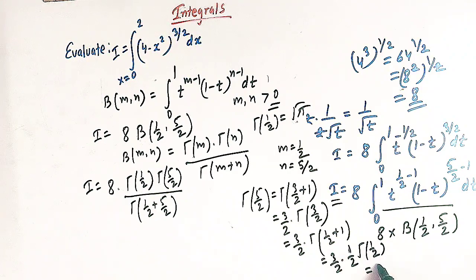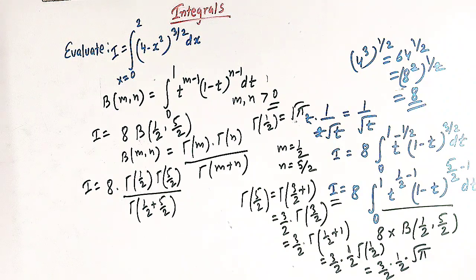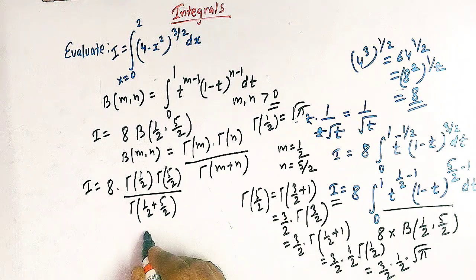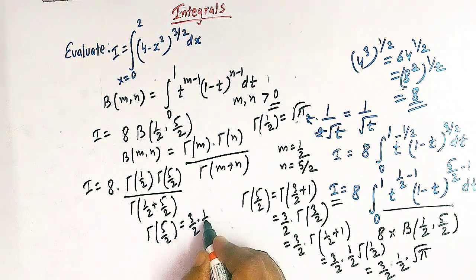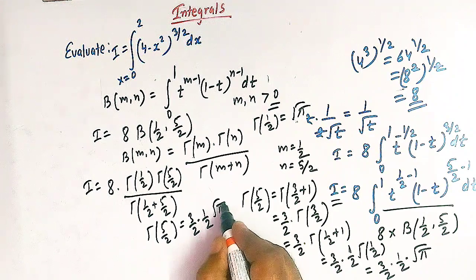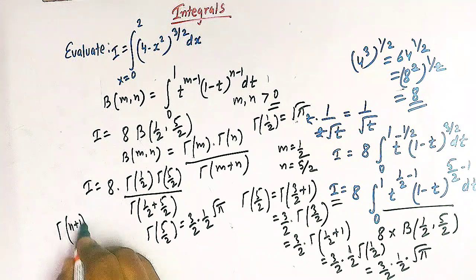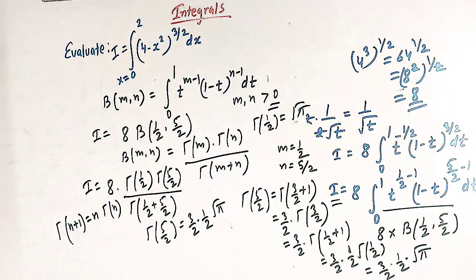So this is 3 by 2 times half times square root of pi, because gamma half is square root of pi. To get the value of gamma of 5 by 2, we have used the result that gamma of n plus 1 is n times gamma of n.